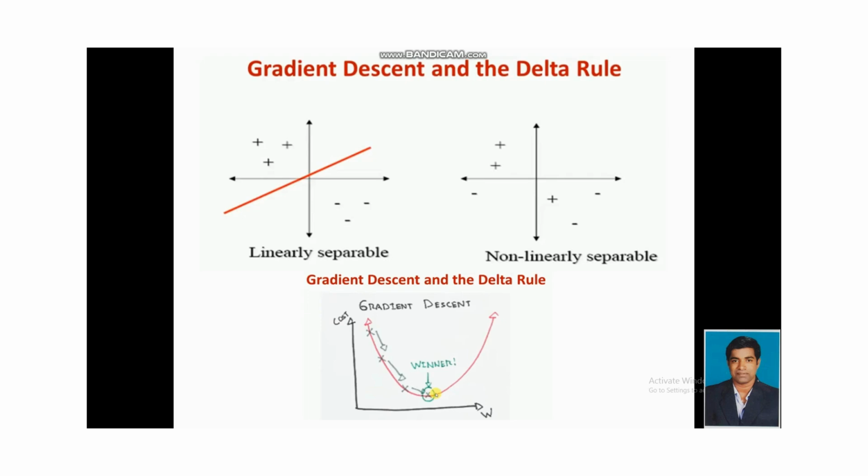It cannot be separated with one single line, because some plus symbols are grouped along with minus symbols on one side, and some minus symbols along with plus symbols on the other side. This one is non-linearly separable. In gradient descent and the delta rule, the gradient value keeps reducing, and at one point we get the expected value and maximum efficiency.